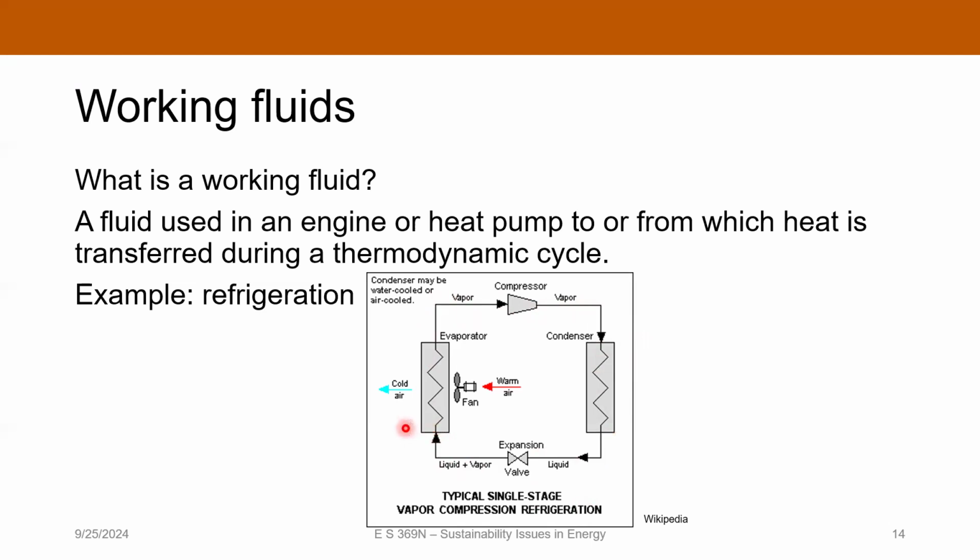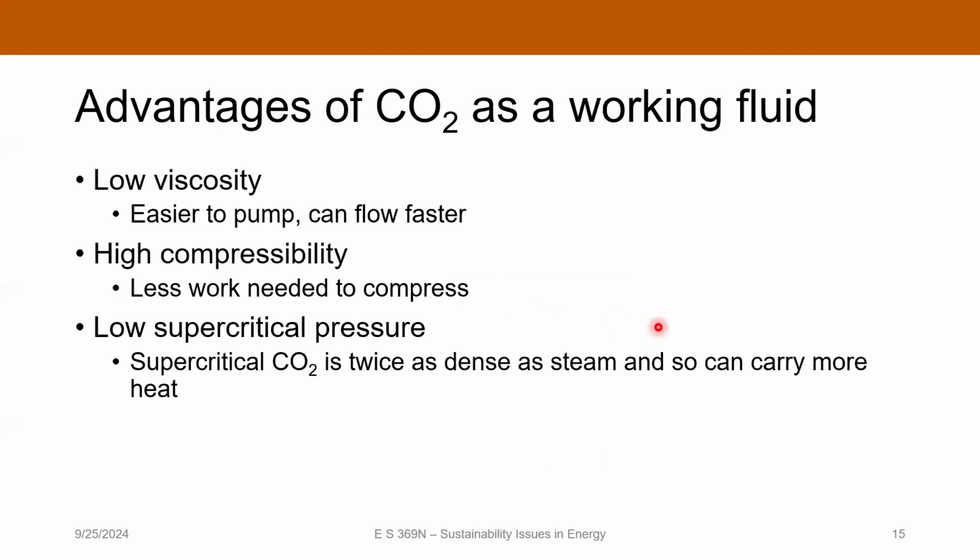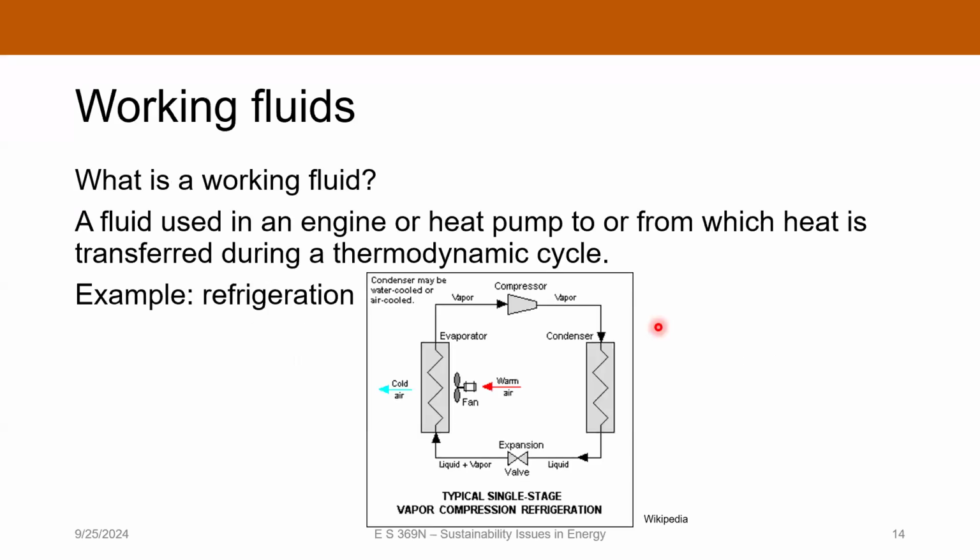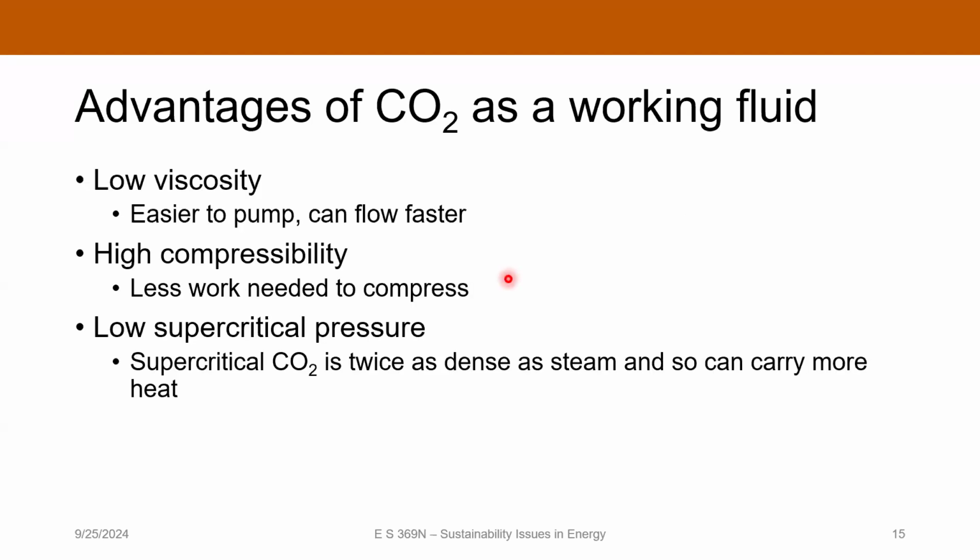And so you can use carbon dioxide as your working fluid in here. Now, in a refrigerator, typically you're going to use a refrigerant like R134a or whatever. But you can use CO2 as a working fluid as well. And it's got advantages for this because it's got low viscosity, which means it's easier to pump. It's got a high compressibility, so when you run it through a compressor, you require less energy to reduce the volume.